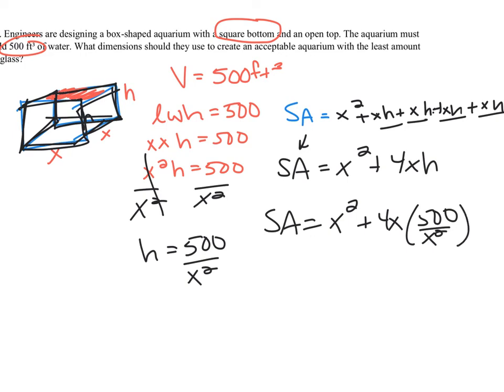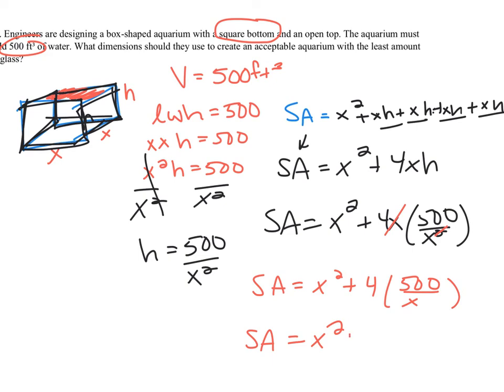Now, your goal is to take the derivative, but it might be best to reduce a little bit. I'm going to cross out the x and cross out that squared. So right now my surface area formula is x squared plus 4 times 500 over x. I'm going to go further and multiply the 4 times the 500, which gets you 2,000 over x.